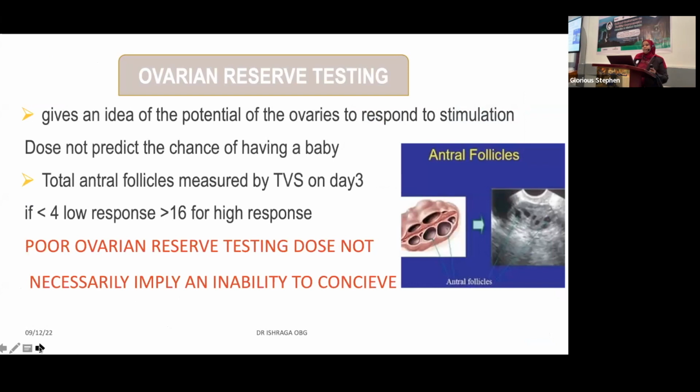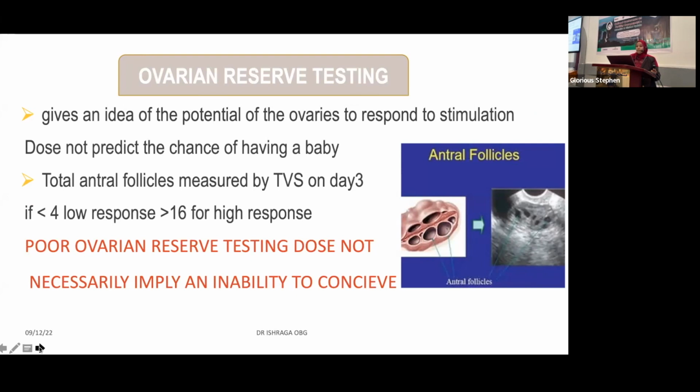Coming to ovarian reserve, it gives an idea of the potential of the ovaries to respond to stimulation. It does not predict the chance of having a baby. Total antral follicles are measured by transvaginal scan on day 3 of the cycle. If it is less than 4, it predicts low response. If more than 16, it predicts high response.